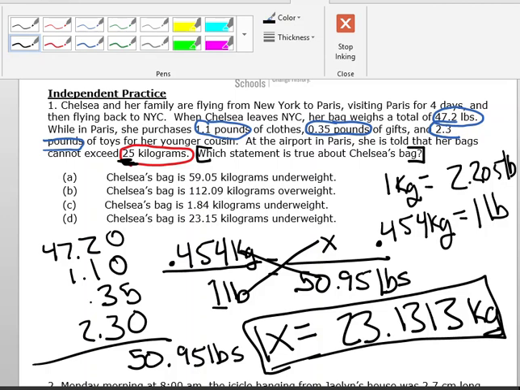If I look here, she has 25 kilos as her limit, and she's at 23.1313. So I'm thinking C is going to be my correct answer. My other one is Chelsea's bag is 23.15 kilos underweight, which also doesn't make sense. So I'm going to circle this because C is my correct answer. Make sure that you have that.